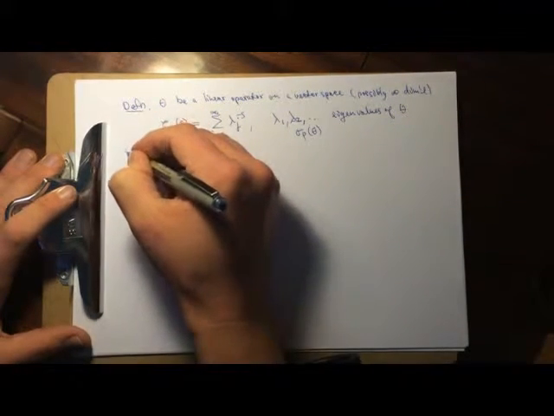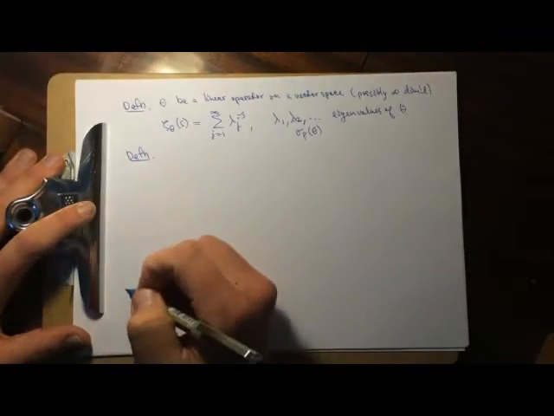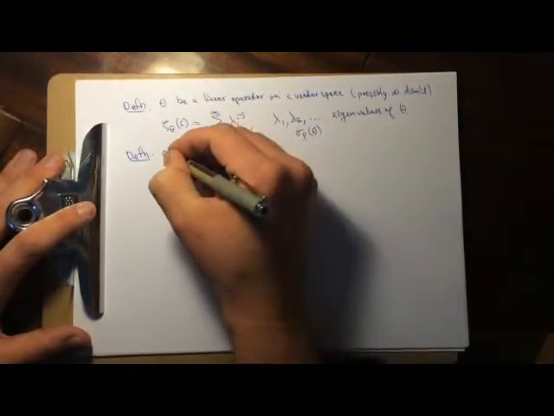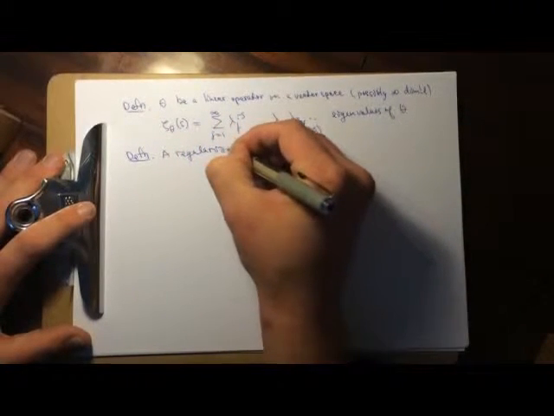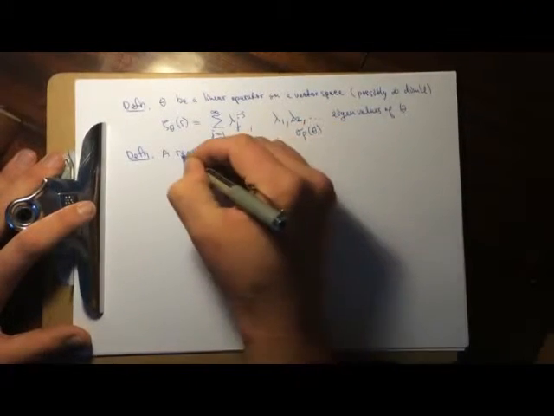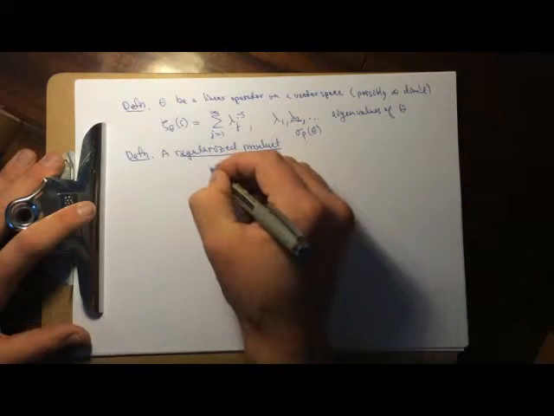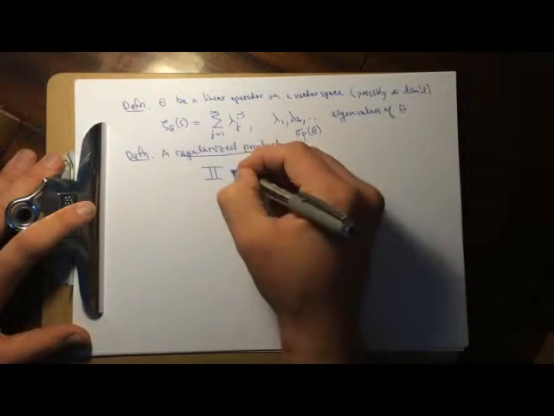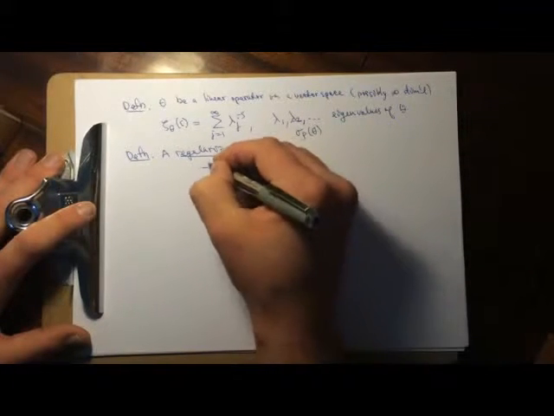So, definition. So, this definition, let me just say this. A regularized product, or a zeta regularized product, is just this formula. So I'm going to define a product of an infinite number of things.